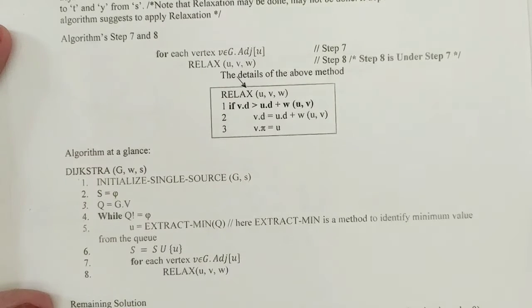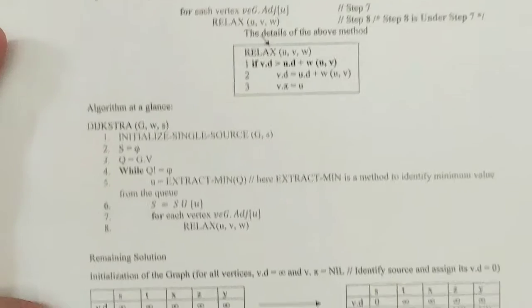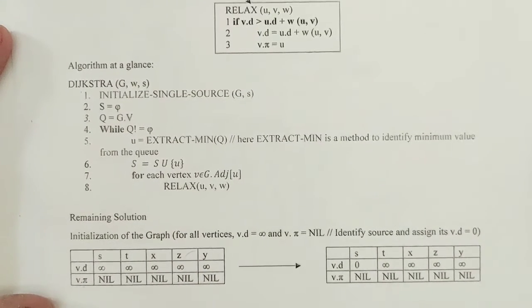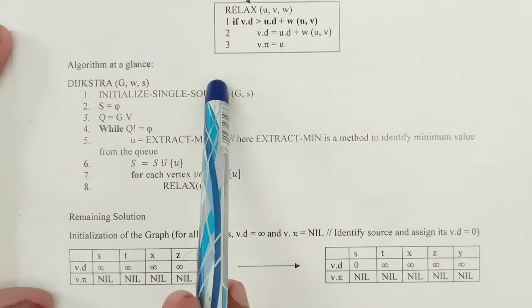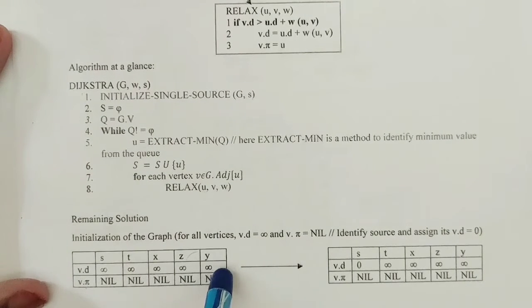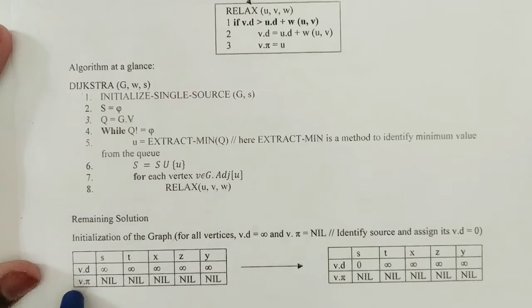One is the shortest path estimate that we express as v.d, and another one is the predecessor vertex which we express as v.pi. Initialization of the single source for the graph G along with the source vertex S means you have to put infinity for the d value, that is the shortest path estimate, for all vertices before proceeding to the algorithm, and apply nil as the predecessor field, that is v.pi, for all the vertices.